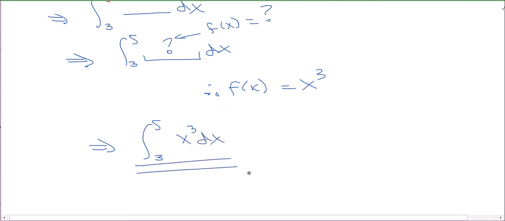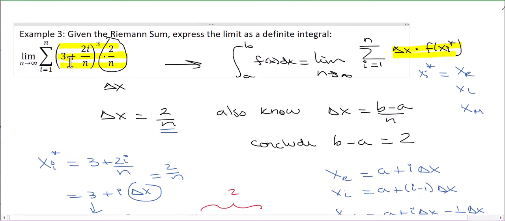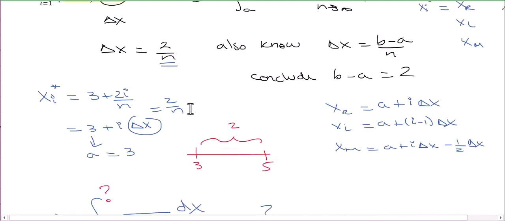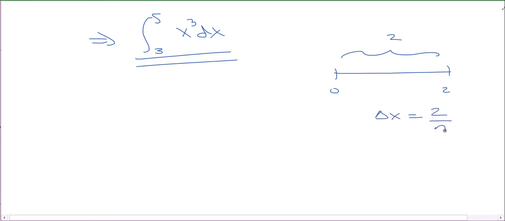There are other ways that you could approach the problem, right? You could have said this is the integral from 0 to 2, because you see that your delta x is 2 over n. So it could be the interval from 0 to 2, because then that length is still 2. Your delta x will still be 2 over n. But then how would that change your integral?